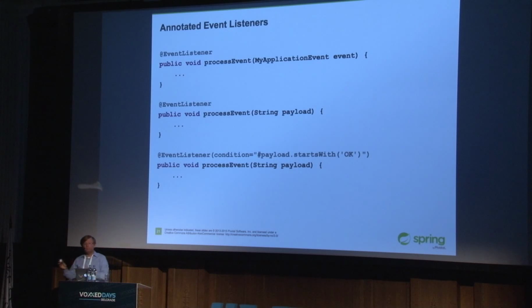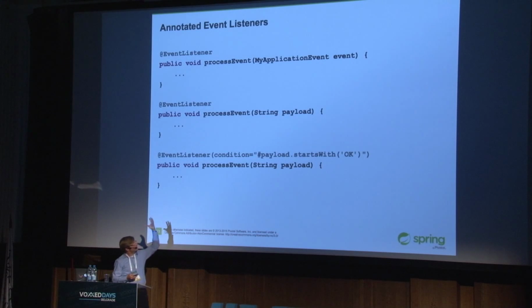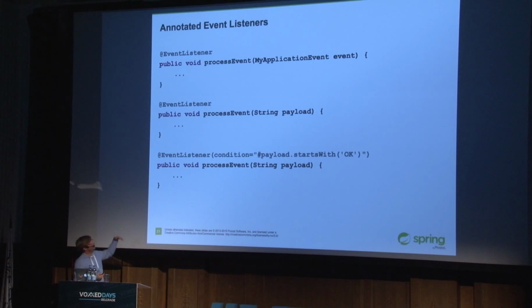Instead of having to implement an ApplicationListener interface in a class, you can turn a simple method into an event endpoint. The idea here is, it's very similar to HTTP endpoints and messaging endpoints. You just happen to be processing application events here with application payloads instead of HTTP payloads or message payloads. So there's a very intentional analogy here between all of those endpoint models.